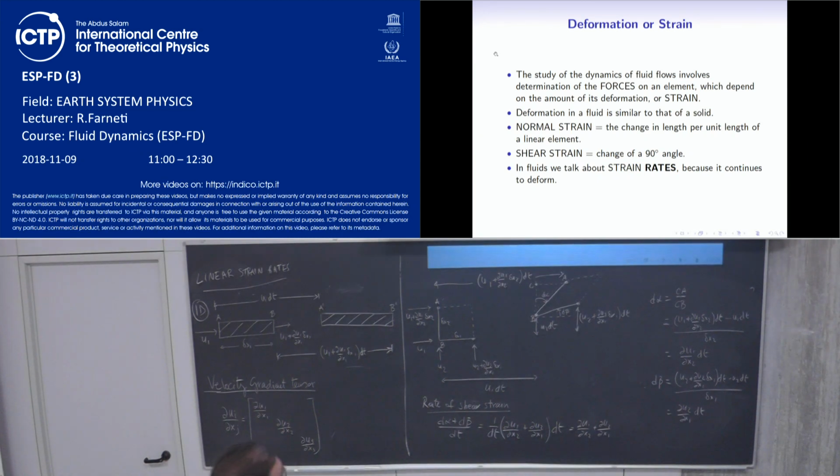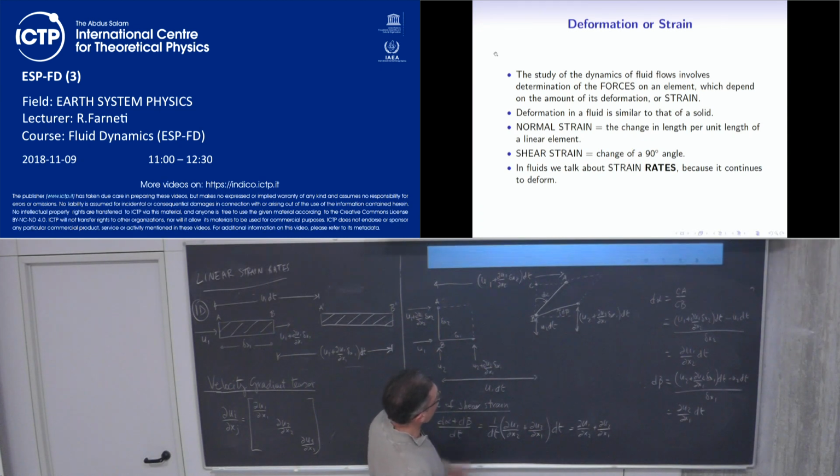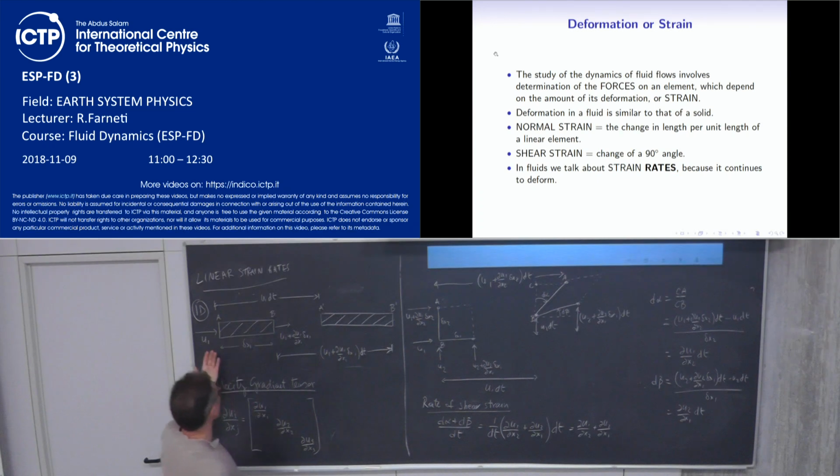Okay, so the rate of change of the shear is now given by these two deformations, du1 by dx2 and du2 by dx1. If there is no shear, there is no angle alpha and beta, and you don't have any shear, but you might have a linear strain.